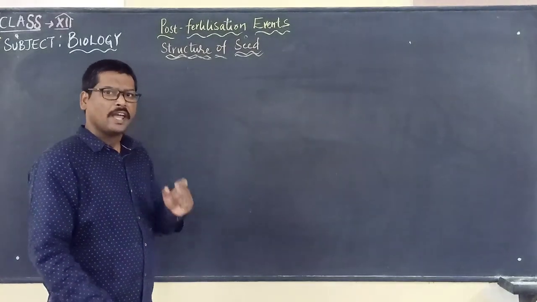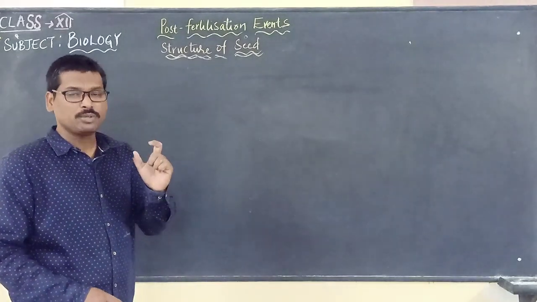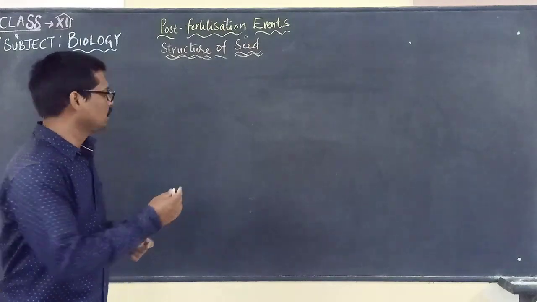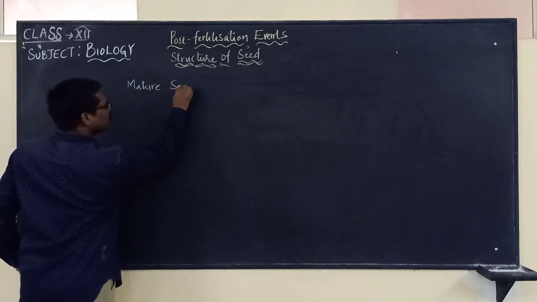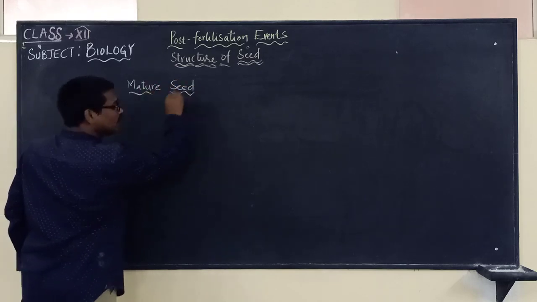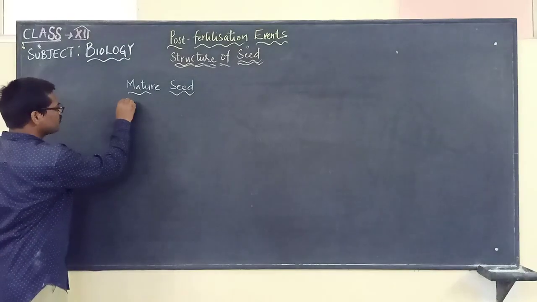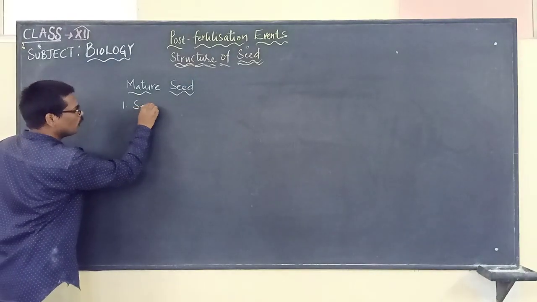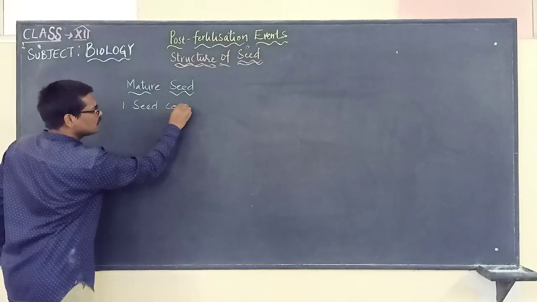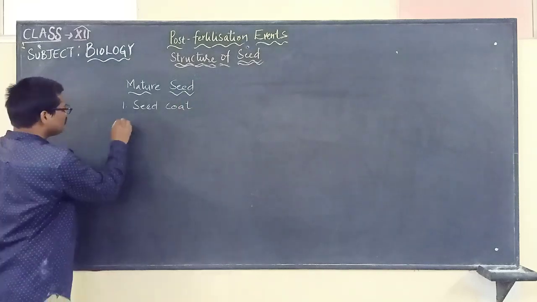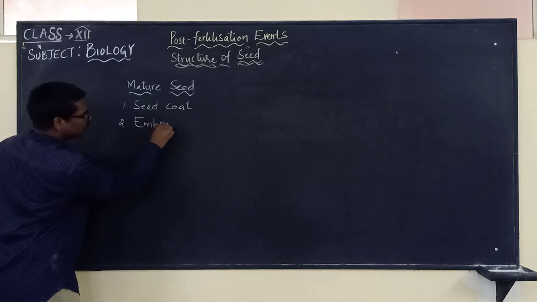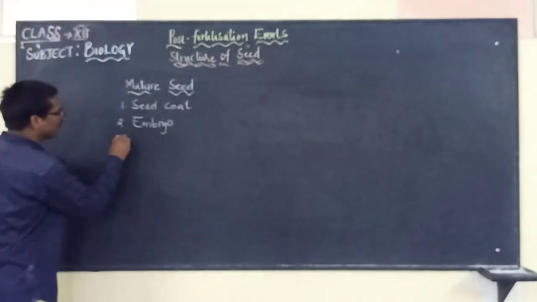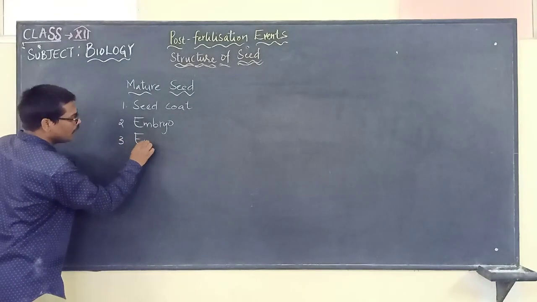Here, a mature seed consists of what parts? If you are looking at the mature seed, it has three important parts. The first part is the seed coat, the second part is the embryo, and the third part is the endosperm.